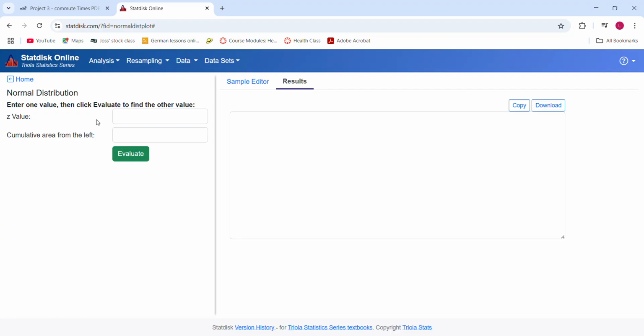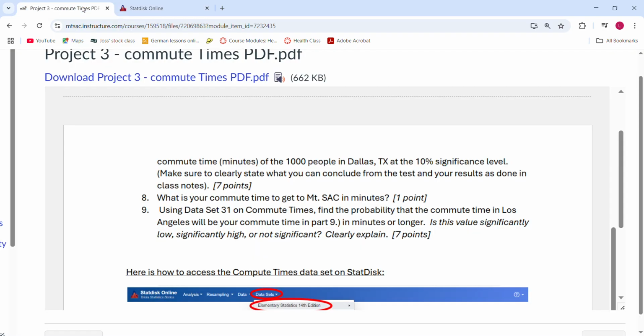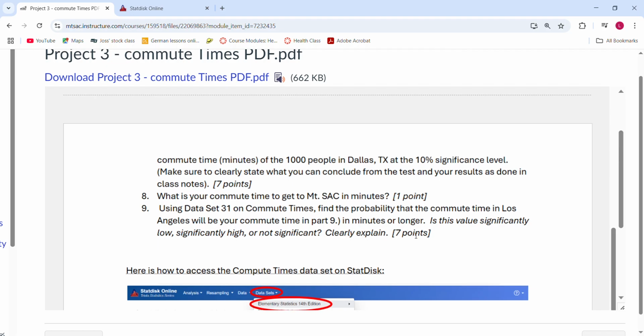And you should have the mean and the standard deviation already from above. And then our x value would be that of your commute time. So once you type in your z-value, again, round to 3 decimal places, you would select evaluate, and then you're going to get a bunch of different answers here, and you have to think about which one is the correct one, since it wants to know your commute time or longer. So which way would you have shaded our normal curve for this?